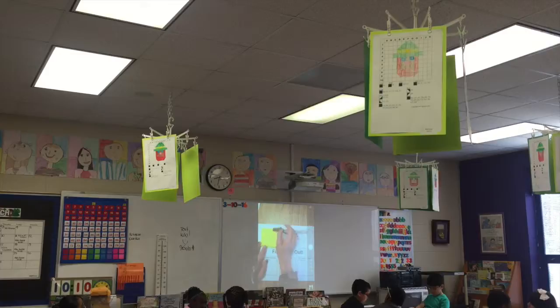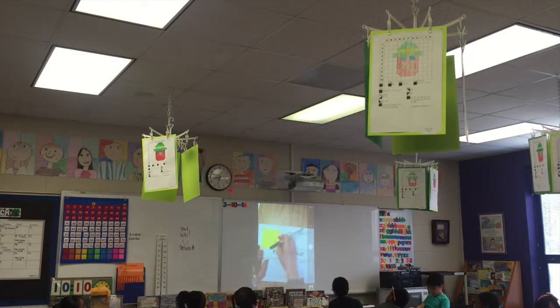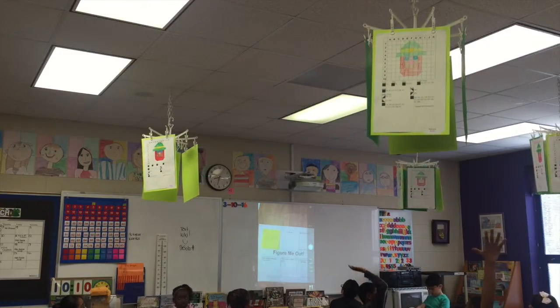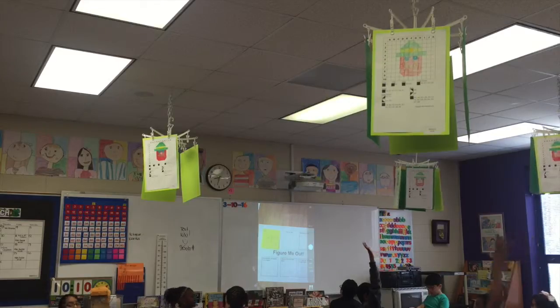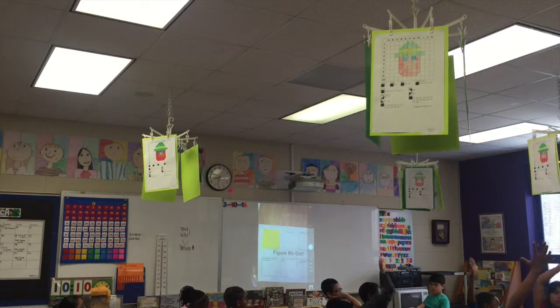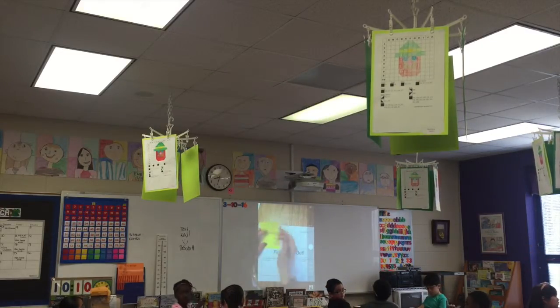Right here I have 2 sticky notes covering it up. What is the division problem that would match 3 times 7? What do you think, CJ? 21 divided by 7 equals 3. I like that one.